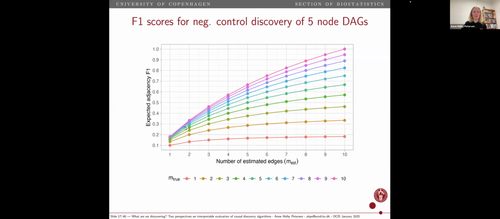So given a certain level of the true number of edges, the more edges we put in, the bigger number we get out. And that should be a little bit worrying, I think, because at least we see here that there are some scenarios where F1 will not be very informative. You can get very big values by just doing random guessing.